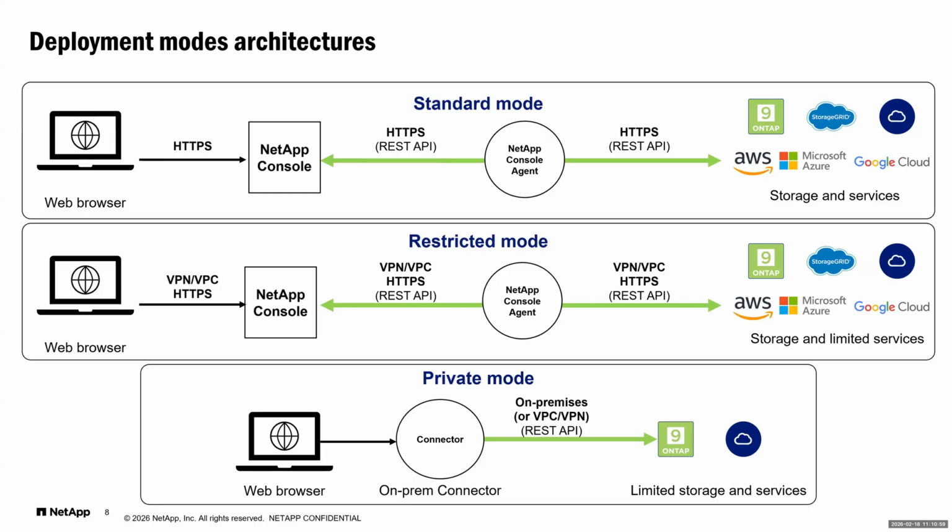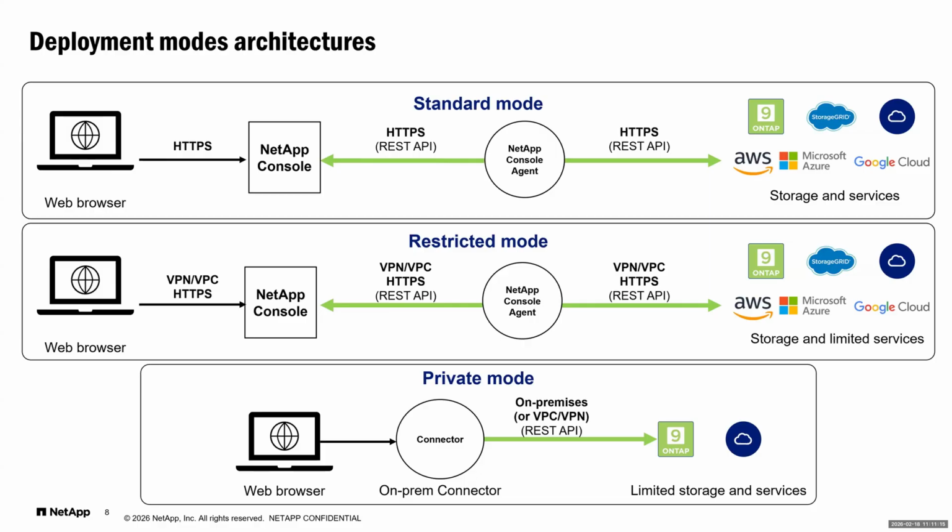Moving on to private mode. Private mode is tailored for highly secure and isolated environments. In this mode, the connector is deployed on premises and communicates directly with the storage systems without relying on an external network.